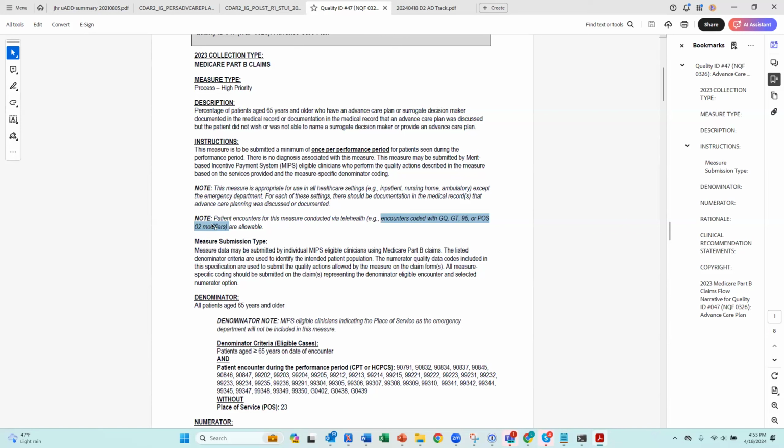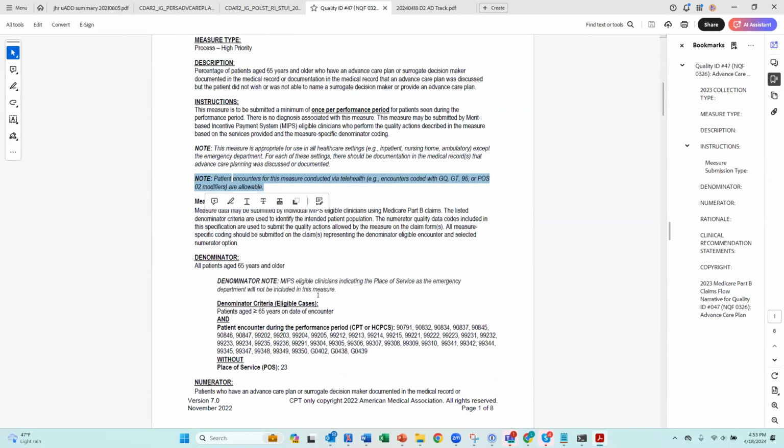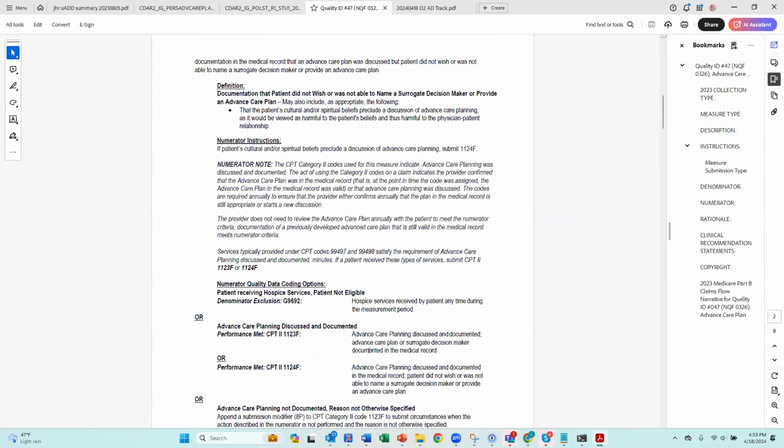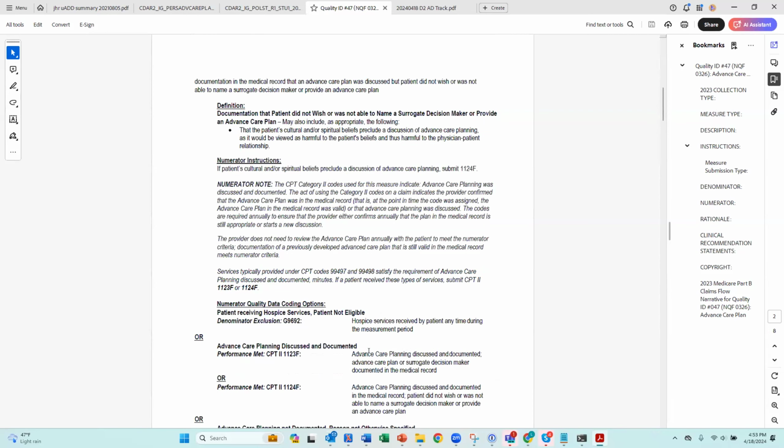That thing you have highlighted, though, is just a note that they could include the telehealth. Oh, okay. Down below, for the denominator, it has all those codes, and then the numerator says if it's documented, but there may be more on the next page that shows the additional CPT code. I don't know.